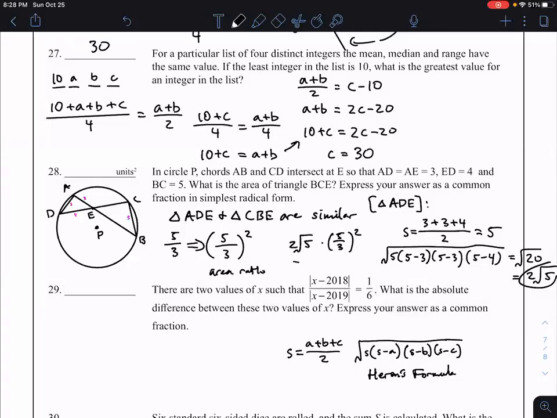And we'll get something like 50 root 5 over 9. And that is your answer, since you can't simplify it anymore.